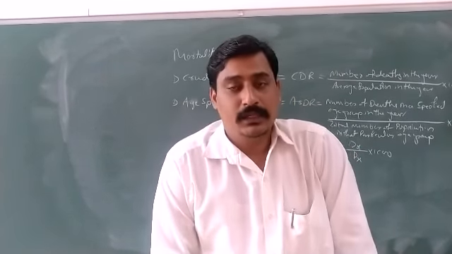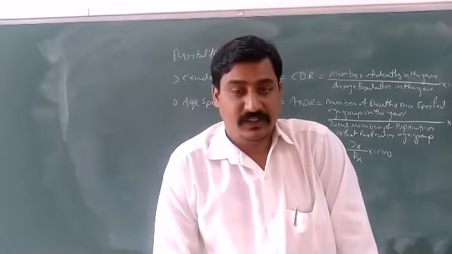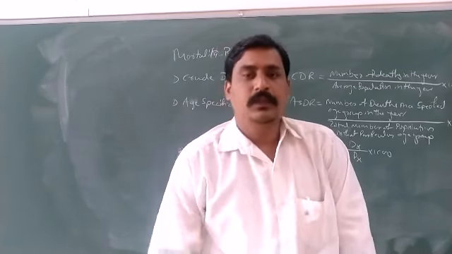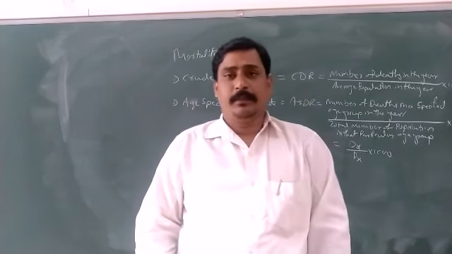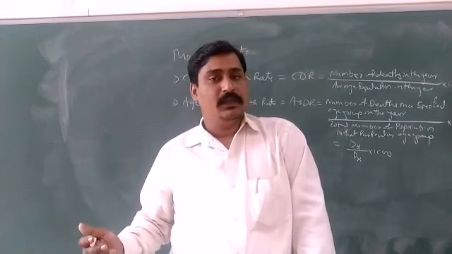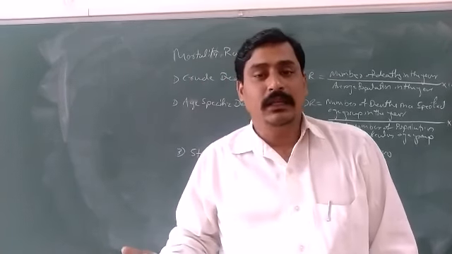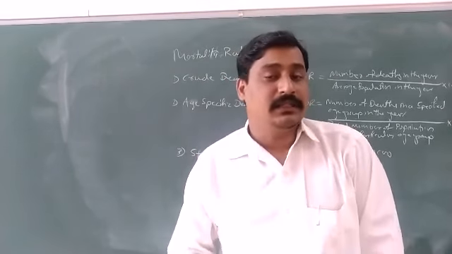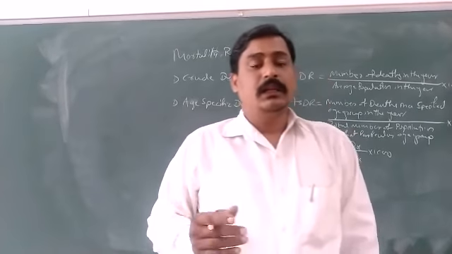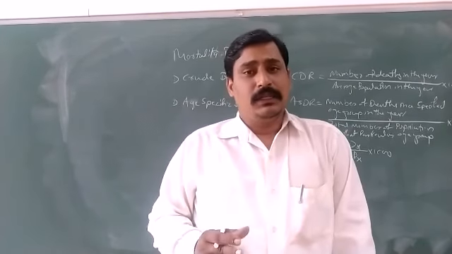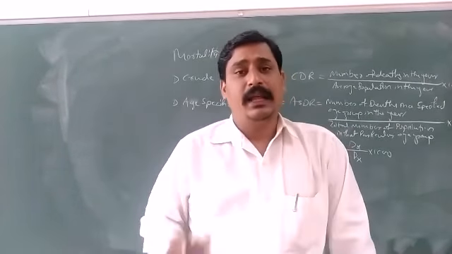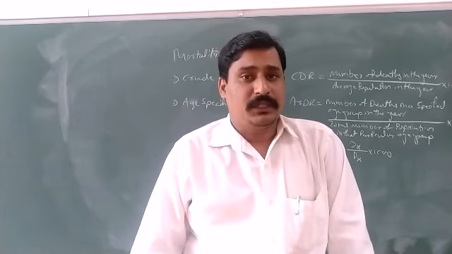Here there are no particular fixed age groups. An age group may be anything. But instead of calling it a total death rate, we call it a standardized death rate, because here one particular population is considered and treated as a standard population.